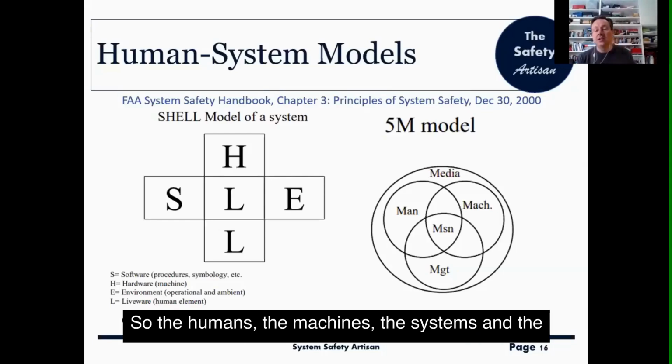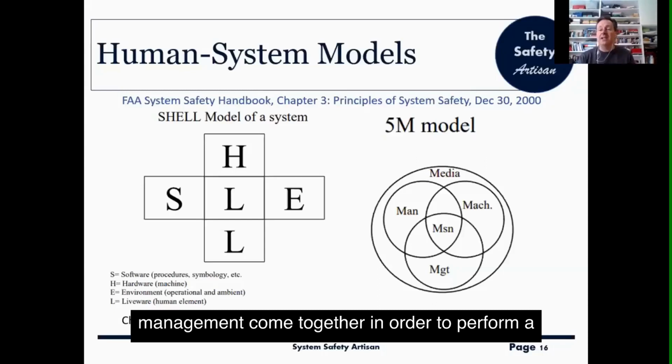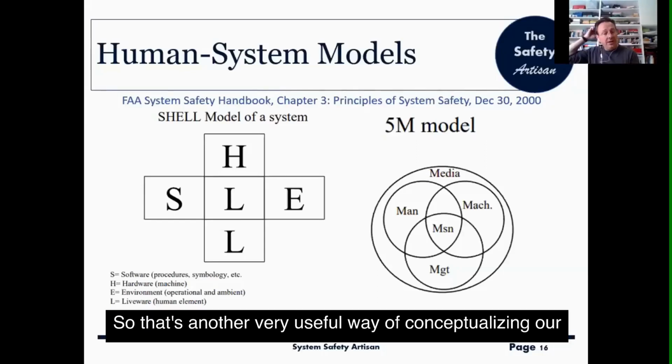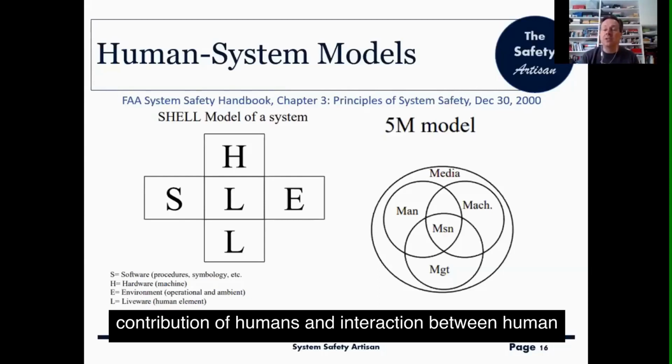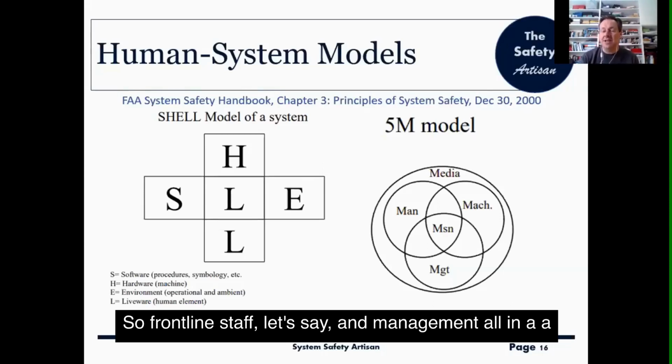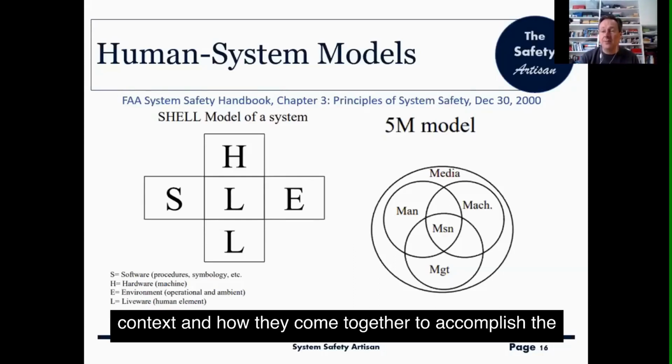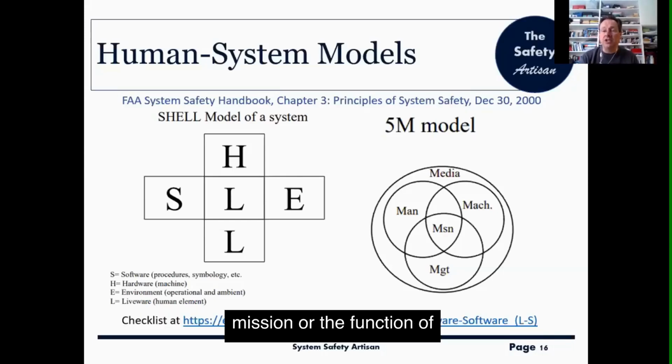So the humans, the machines, the systems, and the management come together in order to perform a mission within a certain environment. So that's another very useful way of conceptualizing our contribution of humans and interaction between human and system, human operators, usually, and maintainers, so frontline staff, let's say, and management, all in a particular operating environment and environmental context, and how they come together to accomplish the mission or the function of the system, whatever it might be.